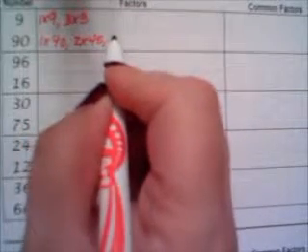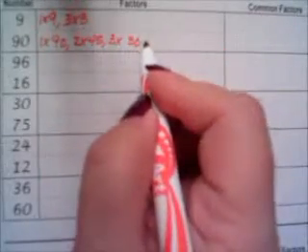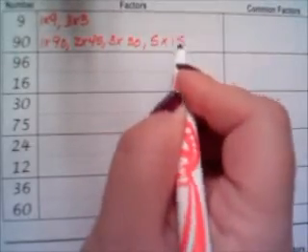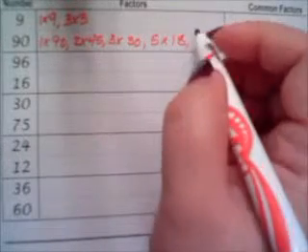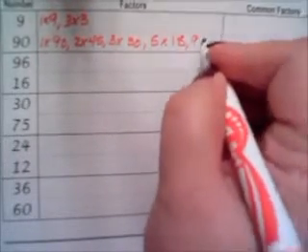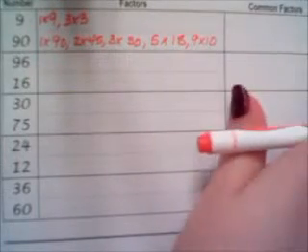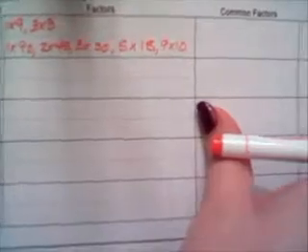We can multiply 3 times 30. We can multiply 5 times 18. And we can multiply 9 times 10, right? Okay, so now let's take those factors and see which ones they have in common.